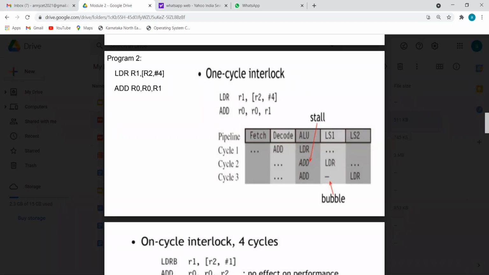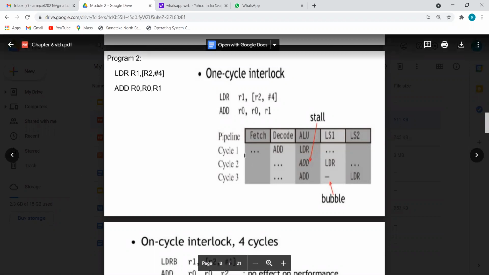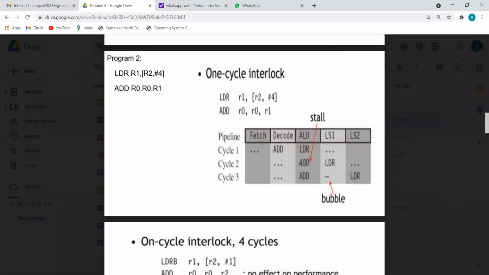Since it undergoes 2 stages, in the first time LDR is unable to execute, in the second time LDR executes, but that execution result comes to us in the third time. So if the third time is there, add will be waiting for one instance. Hope it is clear now. You have to remember this concept and reproduce it in the examination.